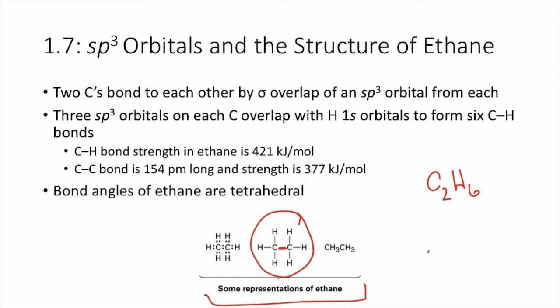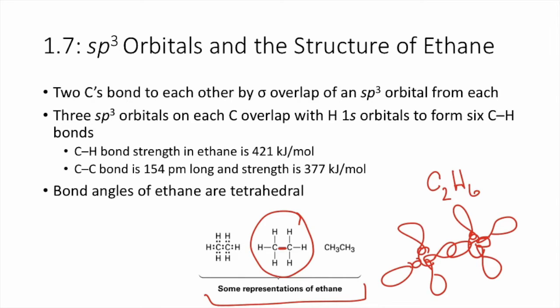So each carbon has an sp3 orbital overlapping with the other carbon. And remember, with the sp3 orbitals, we have 4 of them available. So that means that this carbon has 4 sp3 orbitals, as does this carbon.